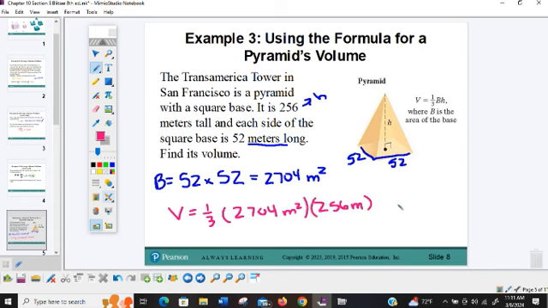So we need to multiply all that out, and you end up with 230,741 meters cubed. Now remember, because it is volume, it is reported in cubic meters.